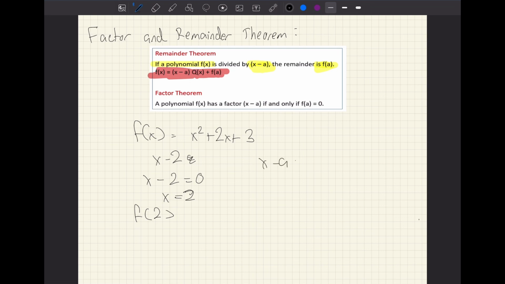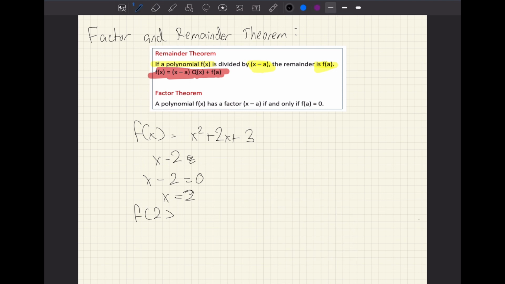Well, x minus a is equal to 0, so x is equal to a. That's how we know we're using positive a and not negative a. For example, if we're dividing by x plus 2 instead of x minus 2, we'll have to put negative 2 instead.